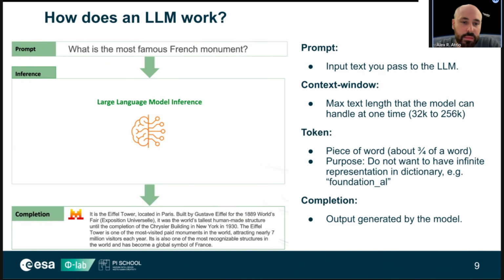This is capped by the architecture of the model, so it's quite important for long-form instruction following kinds of tasks. A token is a piece of a word, usually something like three quarters of a word, that we create and train the model to understand, so that we don't have an infinite representation in a dictionary. And then the completion is the actual output generated.